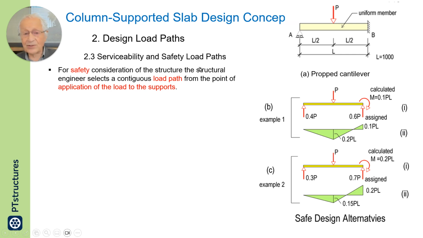The structural engineer selects a contiguous load path. It is the choice of the structural engineer from the point of application of the load to the supports. Here, I have shown two examples selected by the structural engineer, two different load paths.